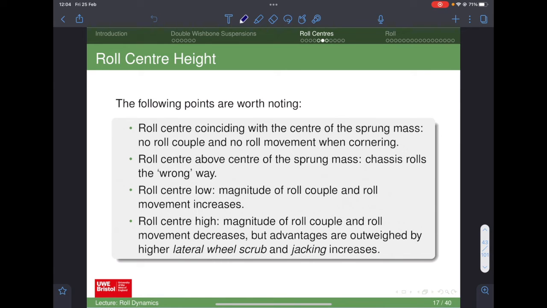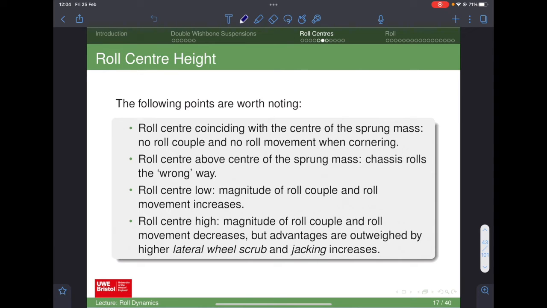You also get this phenomenon known as jacking, which basically is as you corner, because of this lateral wheel scrub, you end up with the wheel pushing the chassis up. That can often lead to massive positive camber on the wheels, so you want to avoid jacking.